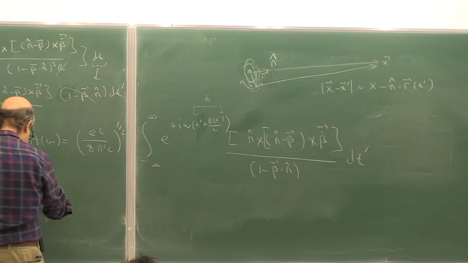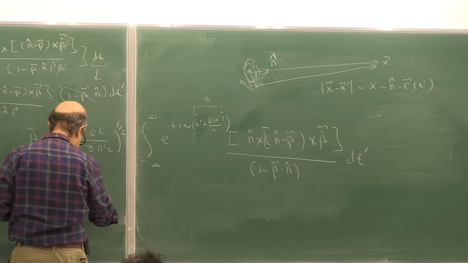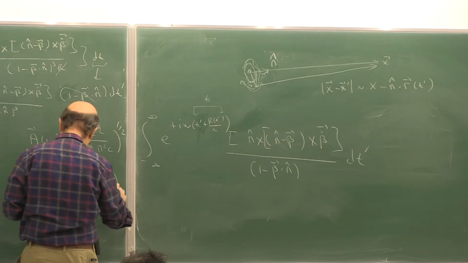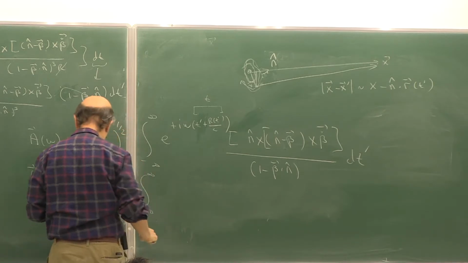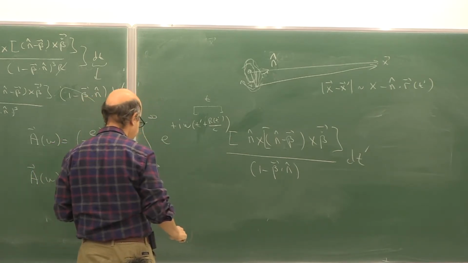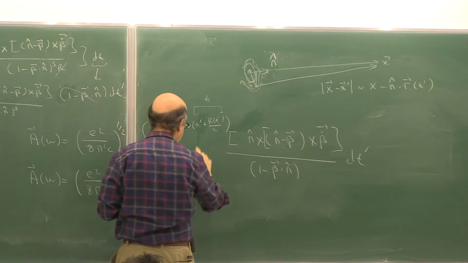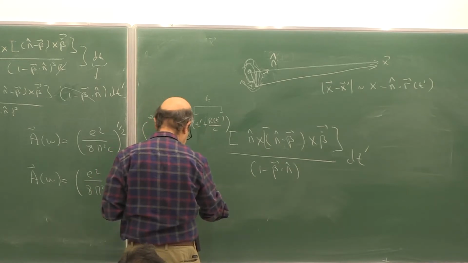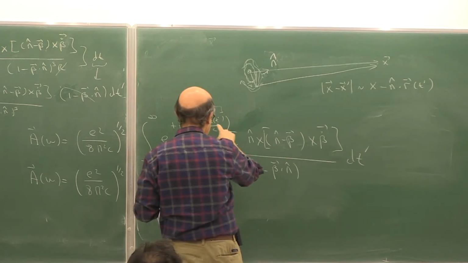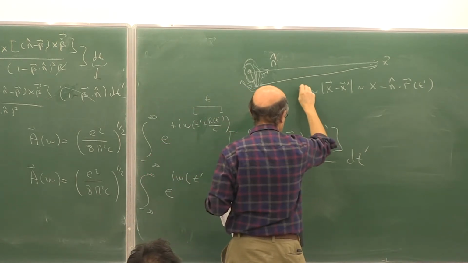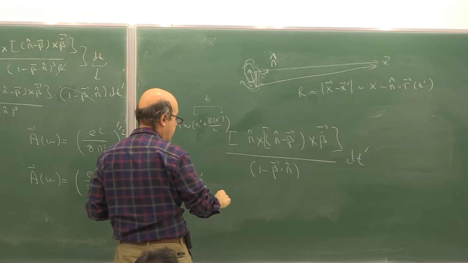Okay, so basically the expression takes the following form. A of omega, the Fourier transform of the A, will be e square over 8 pi square c, 1/2, integral from minus infinity to plus infinity of e to the I omega t prime, and for r, which is equal to x minus x prime, I can write what?